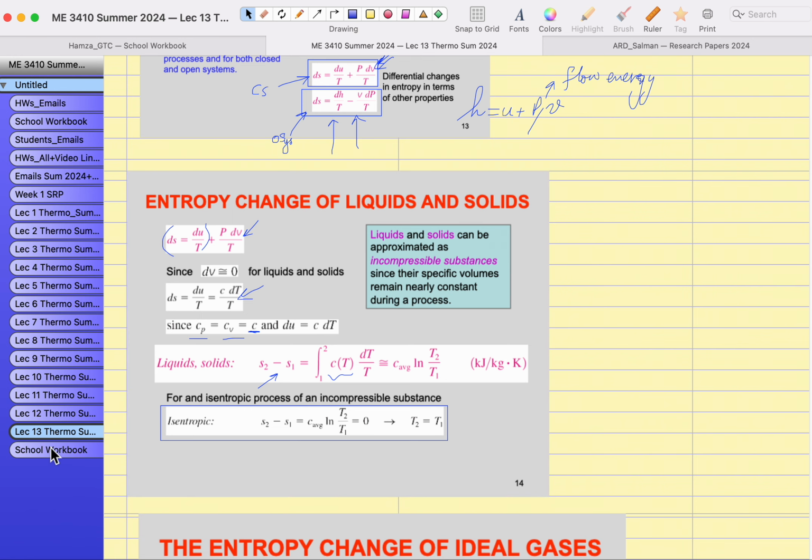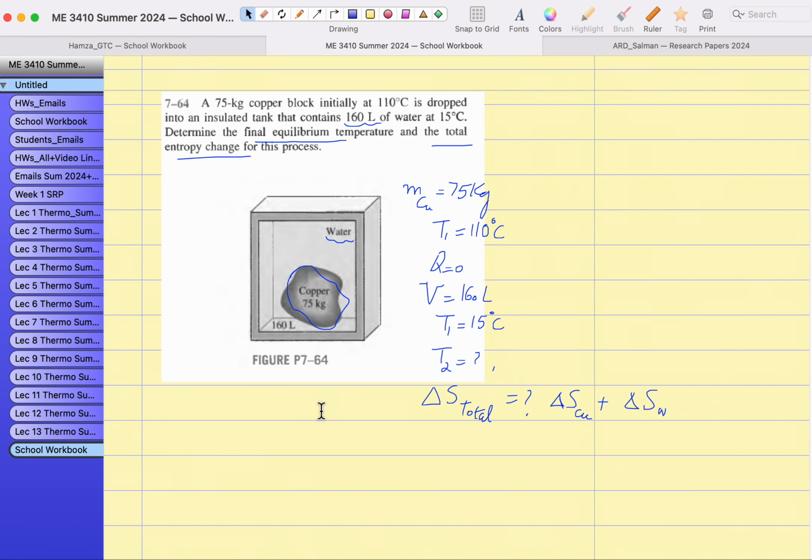I'm going to use the same formula for that purpose.